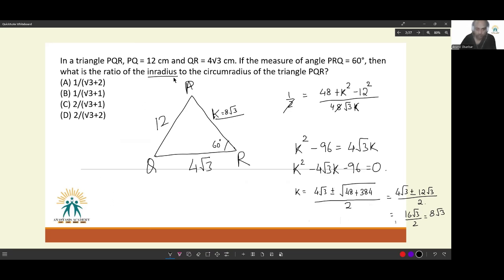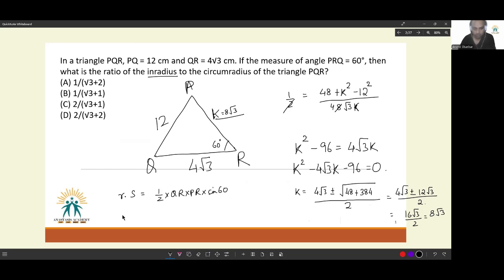For inradius, we know inradius into semi-perimeter is equal to area of the triangle. Area of the triangle would be half into QR into PR into sine 60. So semi-perimeter we have to figure out: 12 plus 12 root 3 by 2. So 6 plus 6 root 3 will be the semi-perimeter.